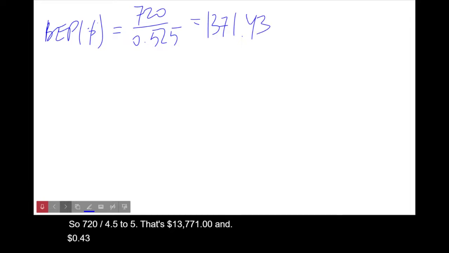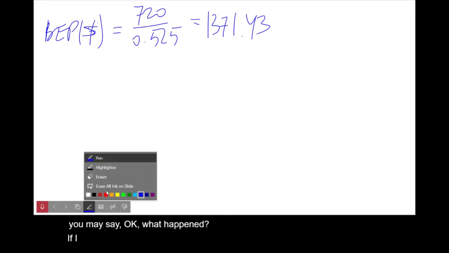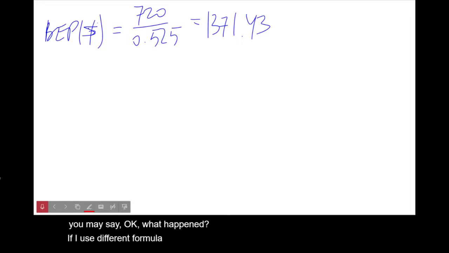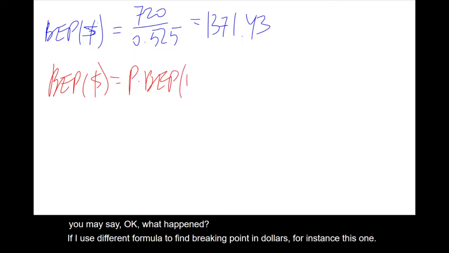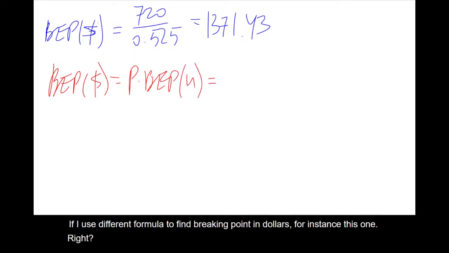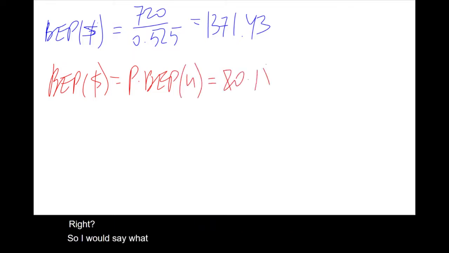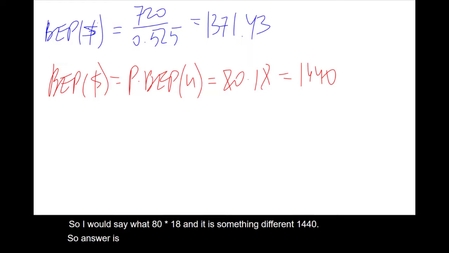Now, you may ask, what happens if I use a different formula to find break-even point in dollars? For instance, this one. I would say 80 times 18, and it is something different, 1440. So the answer is not accurate. Why so?